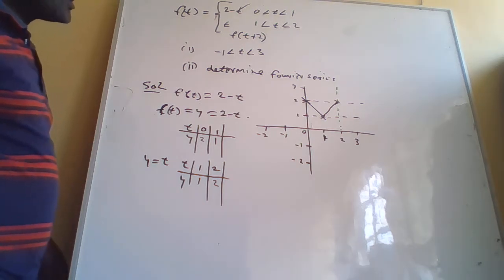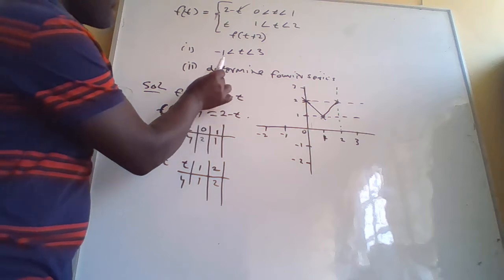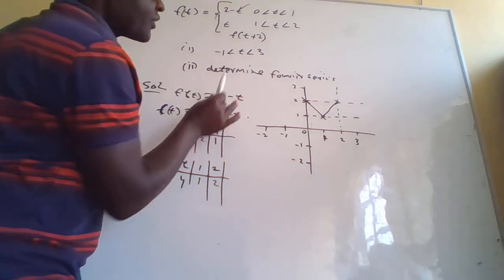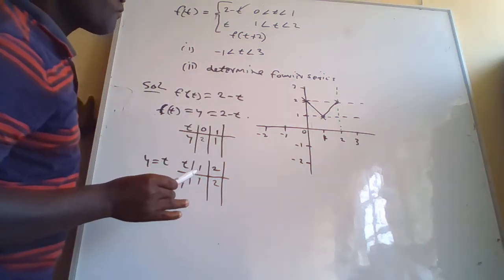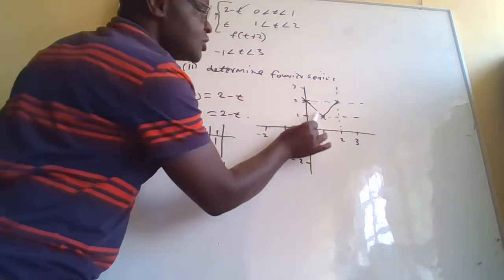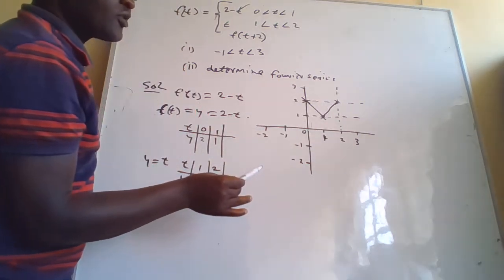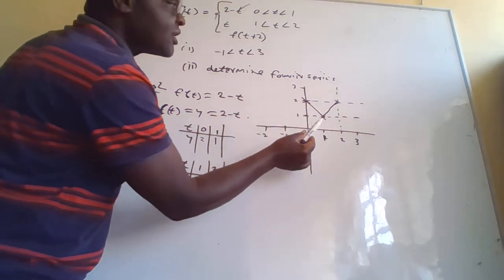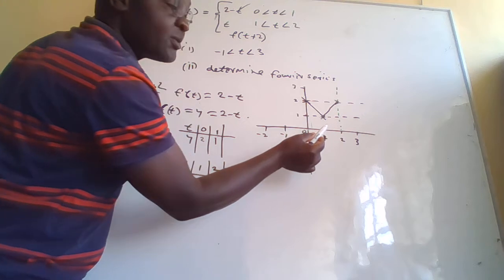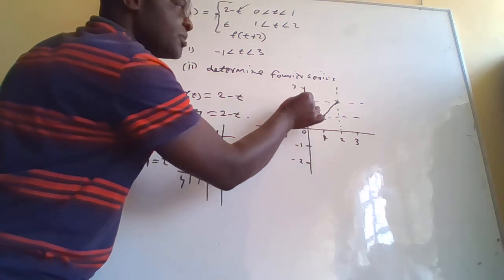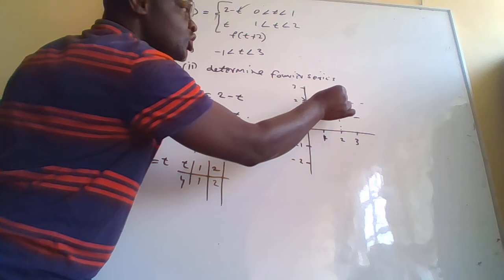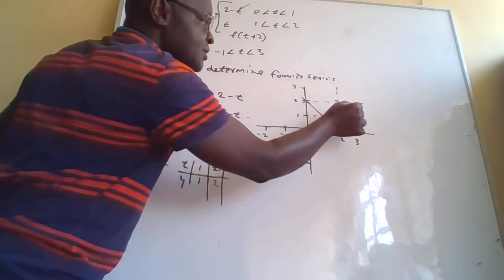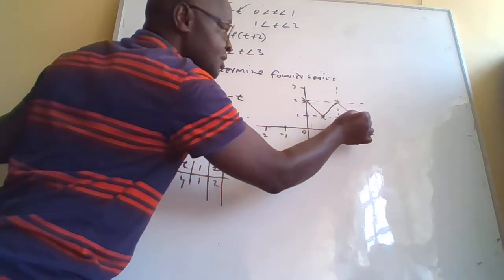But remember, they wanted us to sketch from -1 to 3. So this is just one period. So for us now to get the second period, this will repeat itself. Now if I were to sketch up to 3, then the period will start here, end here. So at this point, the period starts again. So it will go down up to 3.